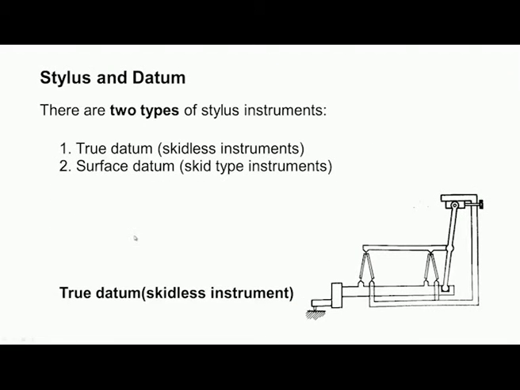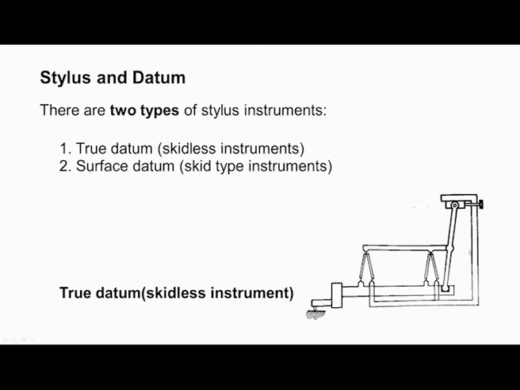And now let us study the stylus and datum. There are two types of stylus instruments: one with a true datum, which we call a skidless instrument, and another with a surface datum, wherein some skid is provided to establish the reference.